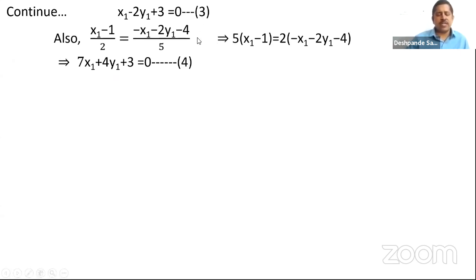So you got two equations in terms of x1 and y1. You need to solve these two equations. Get me the values of x1, y1.